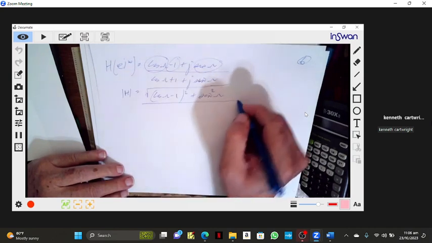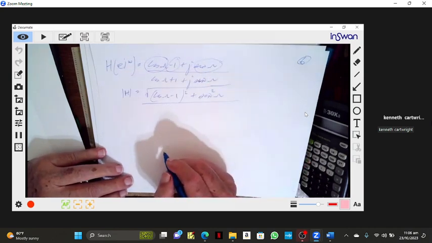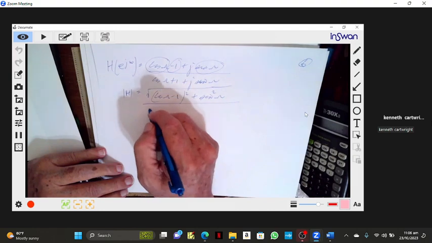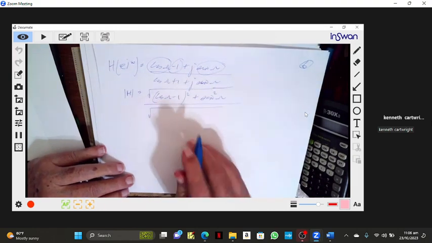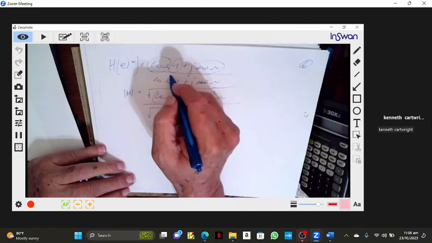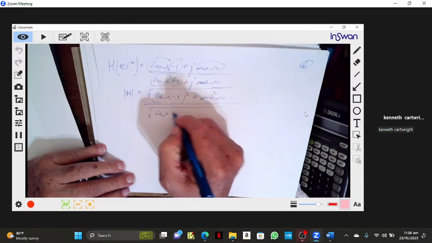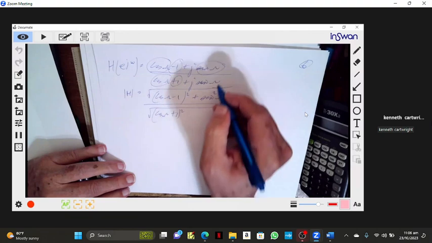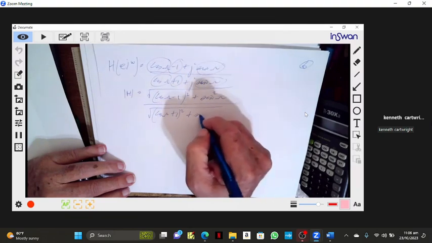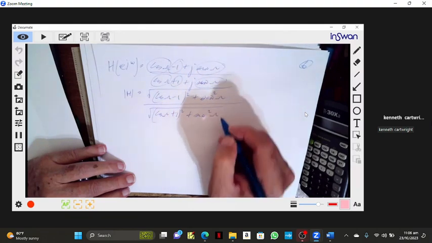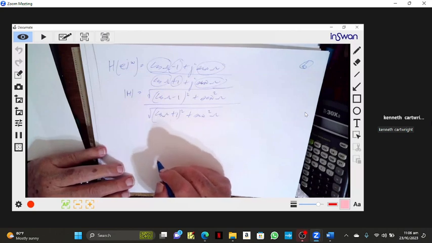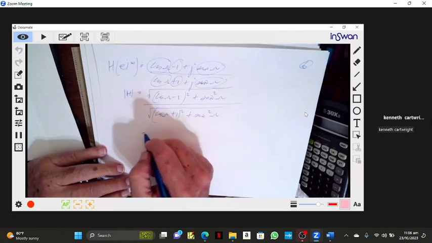It's as simple as that. The real part is real, therefore the sum is real. This is the imaginary part, and we can simplify it somewhat.